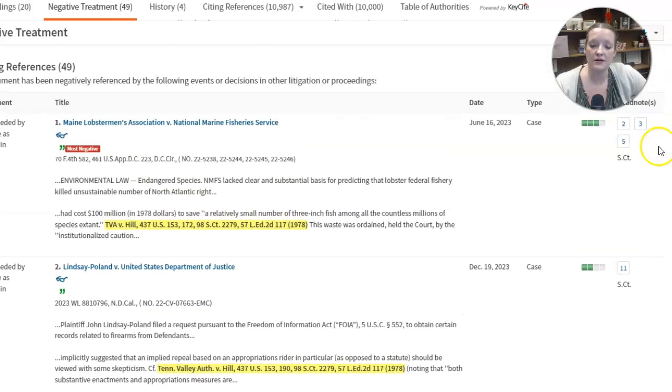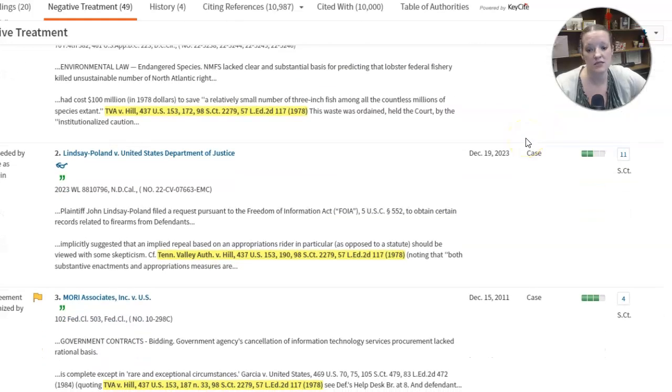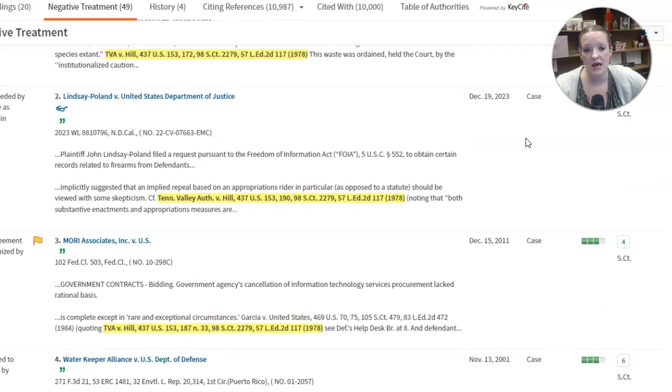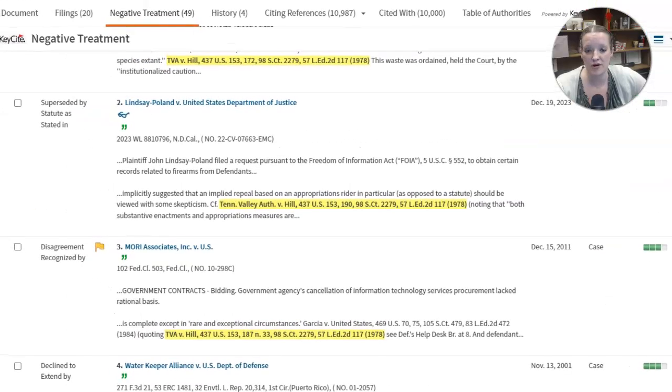So the head notes are going to signal those summarizations that are referenced in this particular case, whereas the depth of treatment is going to reference how extensively our case that we're looking at, the Tennessee case here, was discussed within this citing case, right? And again, this list is those cases that have cited our case and given our case some form of negative treatment.